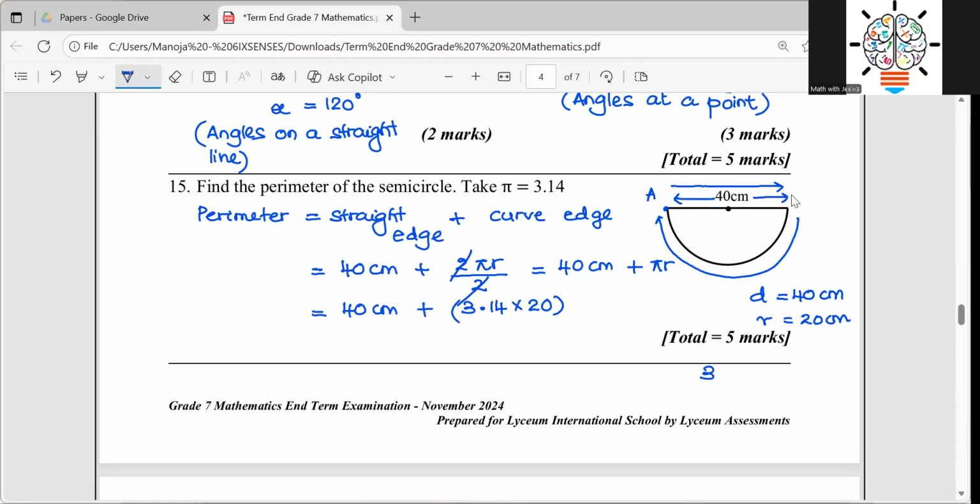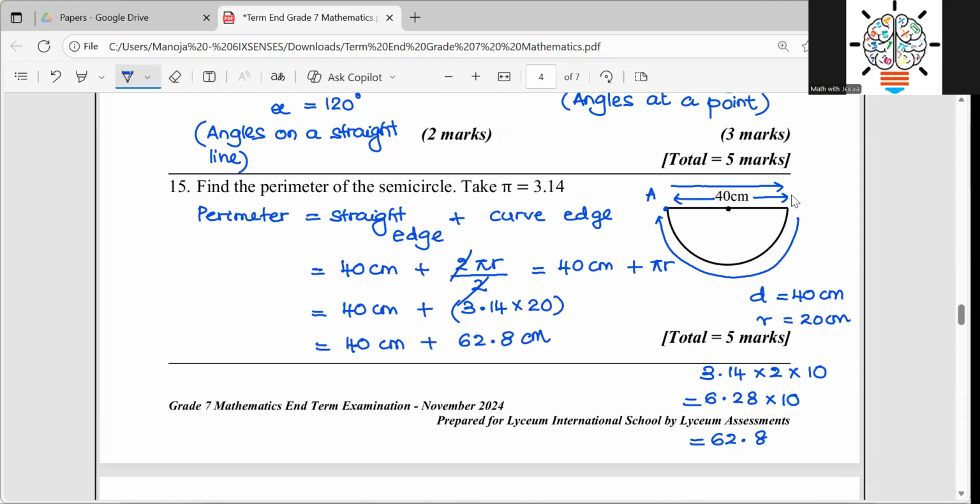I will show you this working. 3.14 times 20, you can write 2 times 10. And then 3.14, when you multiply by 2, gives you 6.28 multiplied by 10. Right? So then here you write 40 centimeters plus 62.8, and this also should be centimeters.